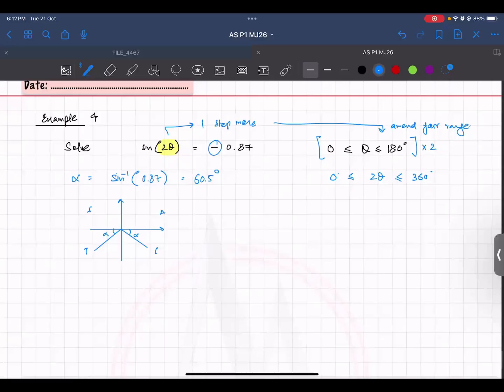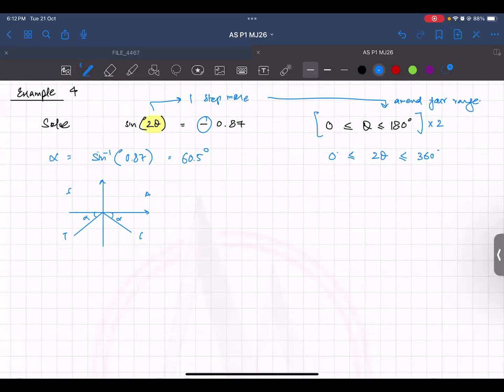And now the solution would be for 2 theta, not only theta, because when you move the sign to the other side, on the left side you are left with 2 theta, not only theta. So the solutions that you will get now are, first one is this one in the third quadrant, and this one.